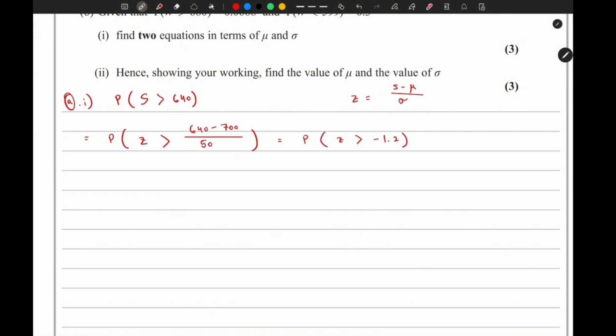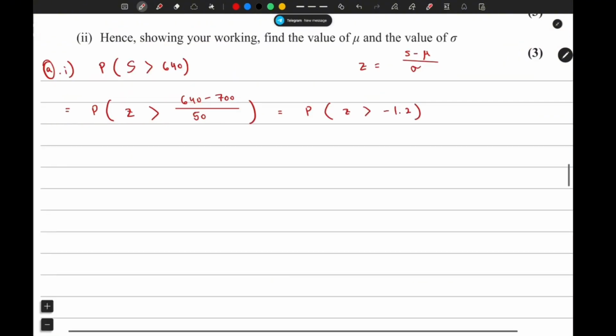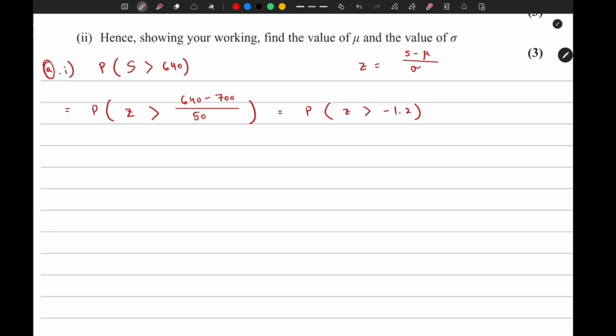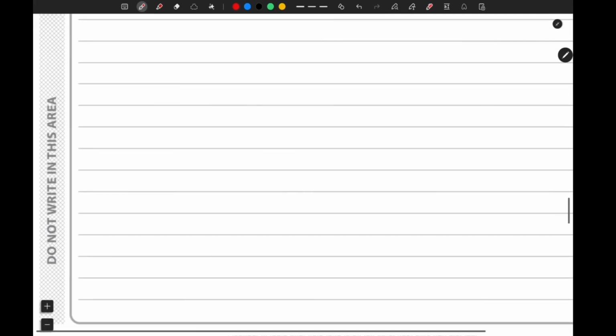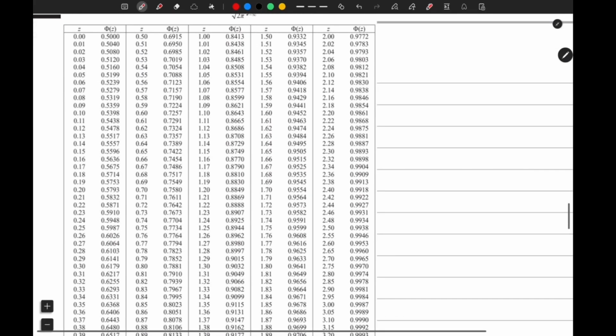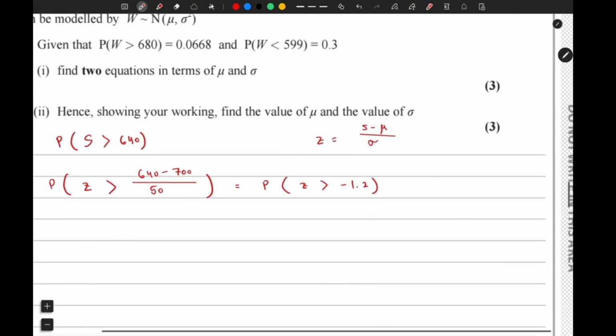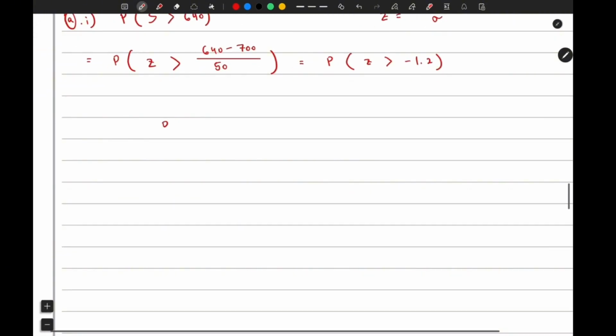Now, as you can see, there are no negative values of Z in the statistical table. So if we look at the statistical table, there are no negative values of Z. So what we can do is use a formula.